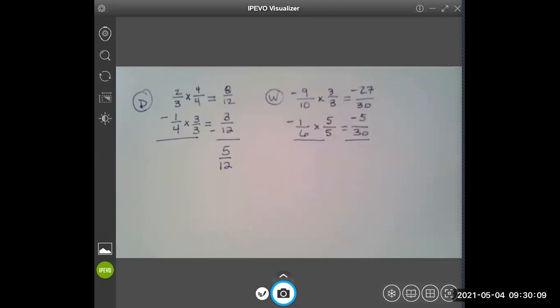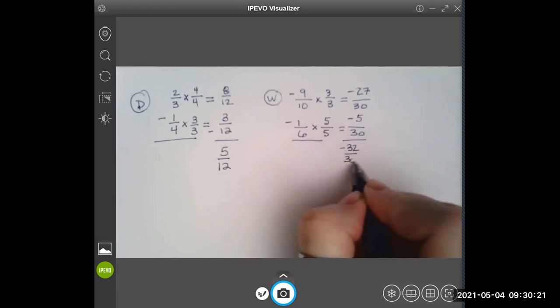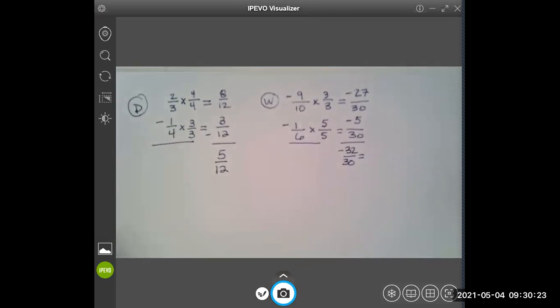So what would this be? Negative 32/30. But is that simplest form? No. So we need to make it simplest form, but I want to double check something.